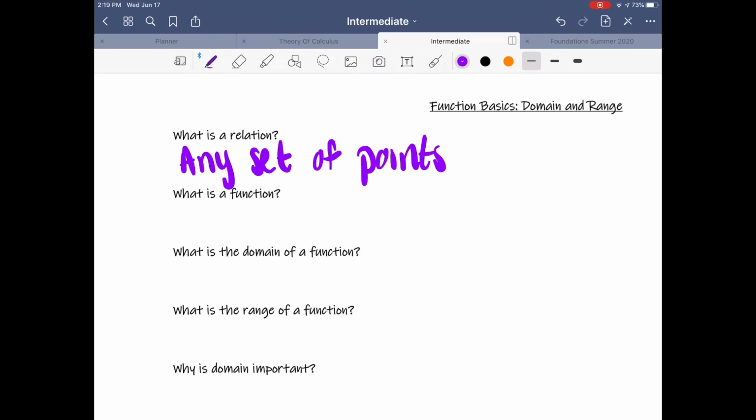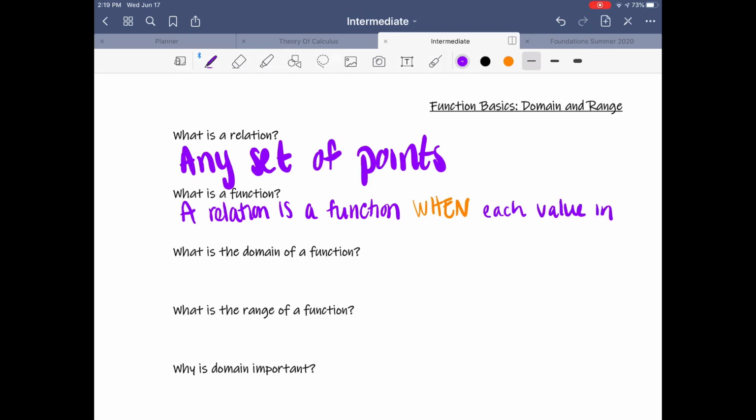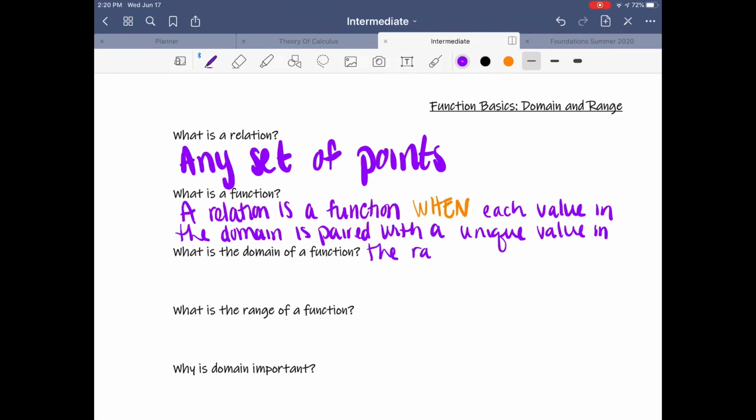For a relation to be a function, a relation is a function when each value in the domain is paired with a unique value in the range.